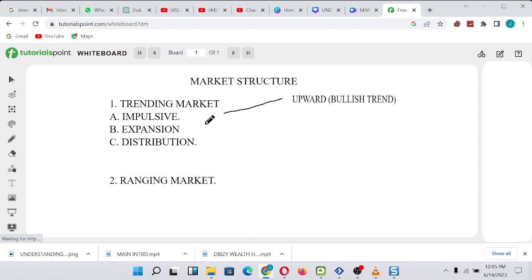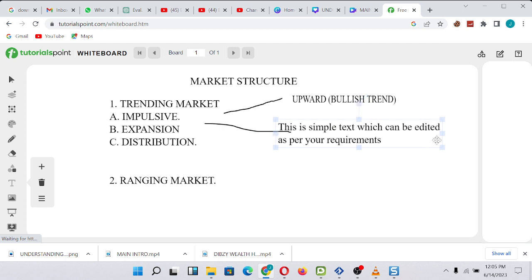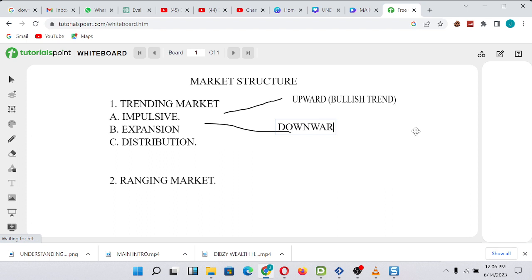Then we also have the downward, which is called the what? Bearish. The bearish trend.